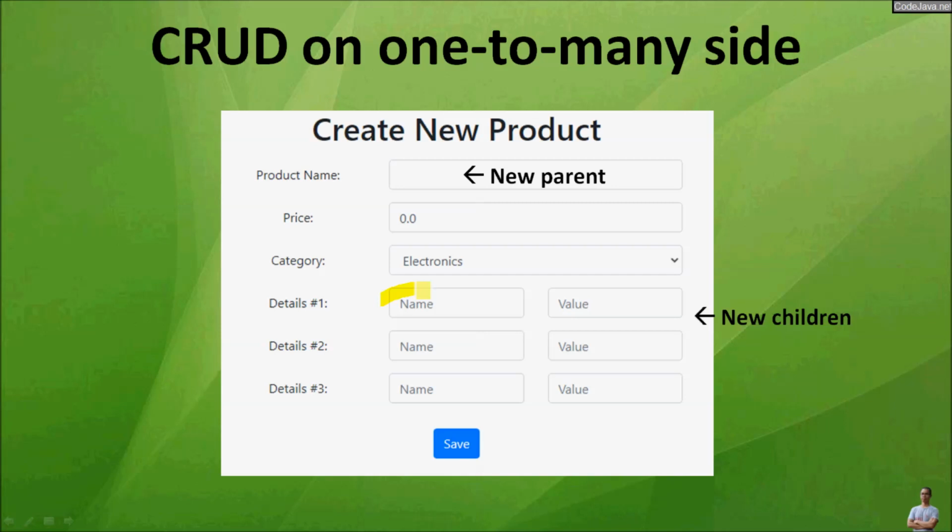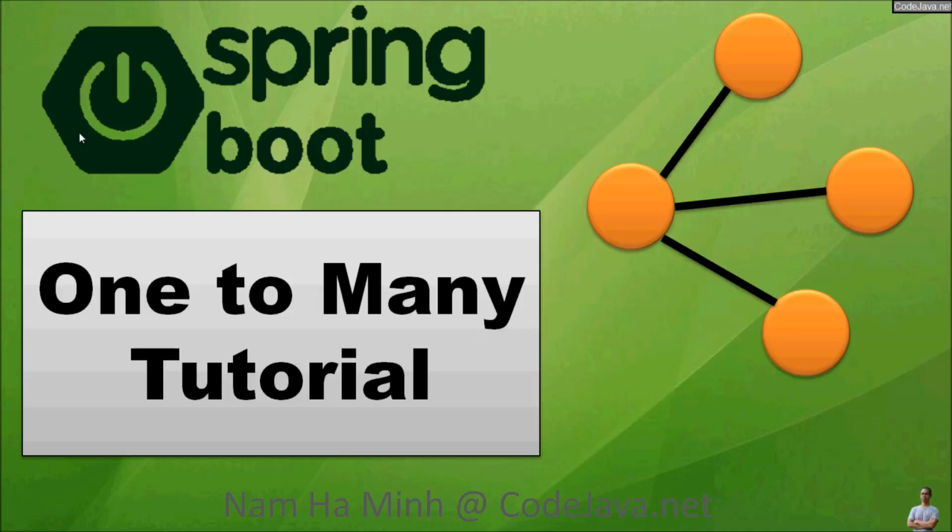What we need is to write some extra code to handle all the details of the children on the form like this, as you have seen. Okay, so that's the complete tutorial about implementing CRUD operations for one-to-many relationships with the three most common cases in a Spring Boot application with Thymeleaf, Bootstrap, Spring Data JPA, and MySQL Database.